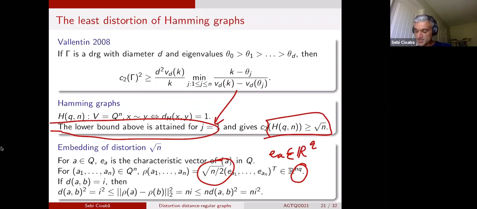And you can do this calculation that the distortion is going to be square root of n. That's what I tried to write there. Again, I think I put too many things, but yeah. So again, he proves the lower bound, you get some value, and he matches it by an embedding.